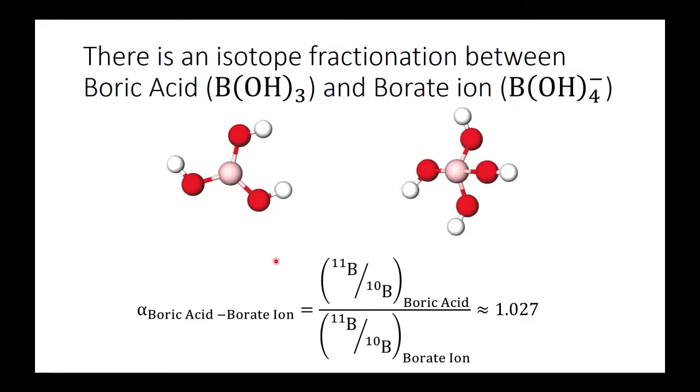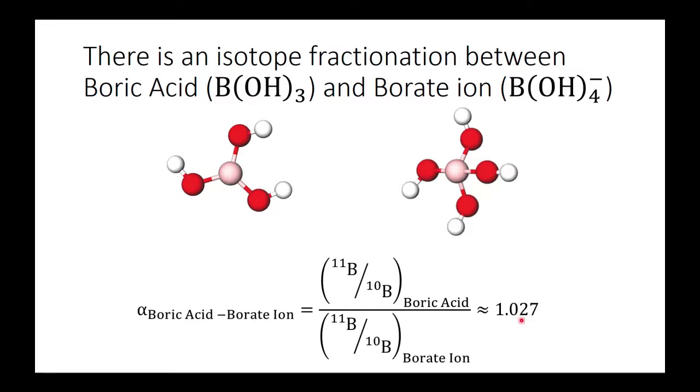So these are the two species. This is boric acid. This is the borate ion. Because the boron in the middle is bound differently between those two species, and the bonding is quite covalent, we have quite a large isotopic fractionation.